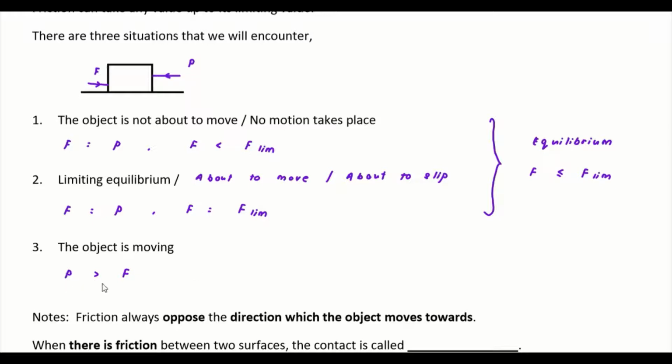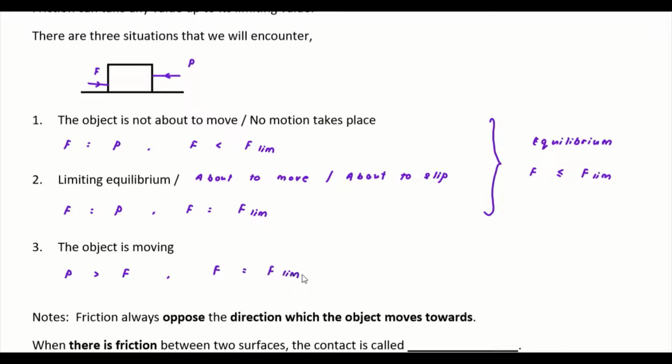So when the push is greater than the friction, the object will start to move. But at this point, what do you think is the relationship between F and F limit? When we talk about the F limit, it's the maximum value of the friction that these surfaces can take. So at this point, your friction is still equal to your F limit.